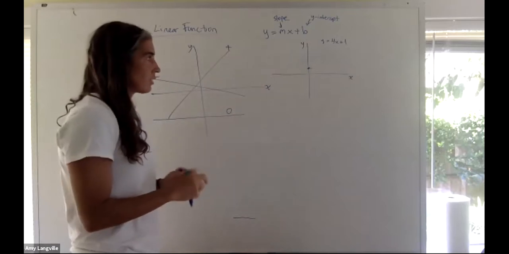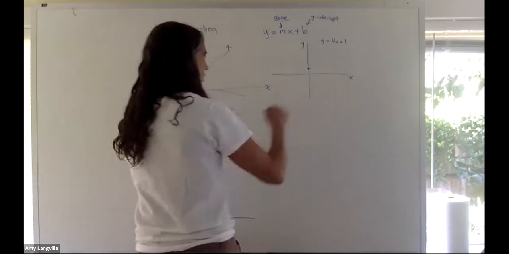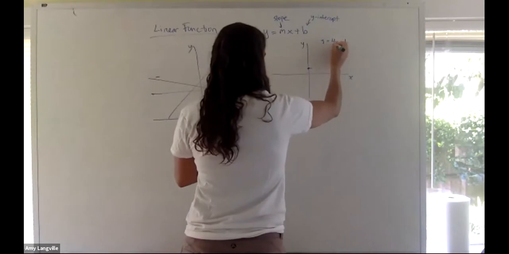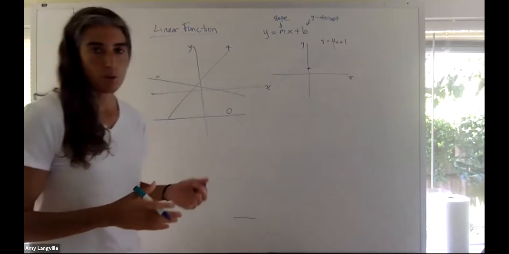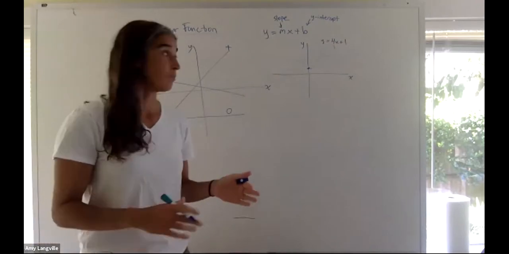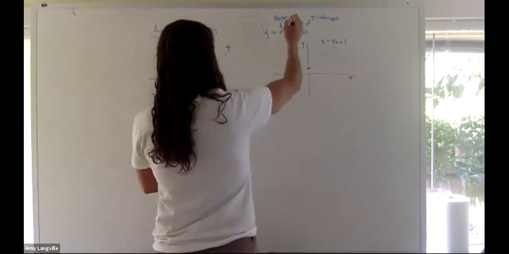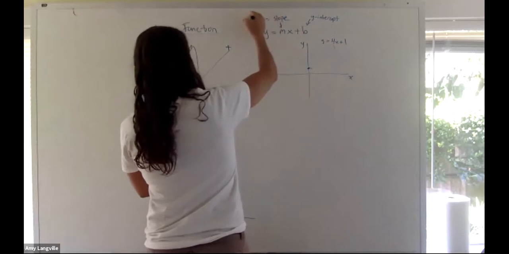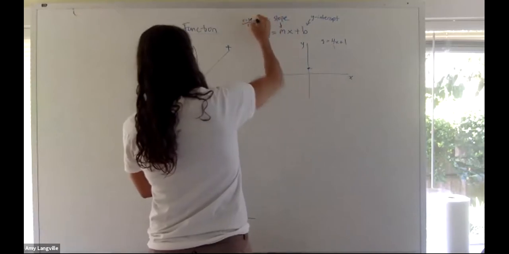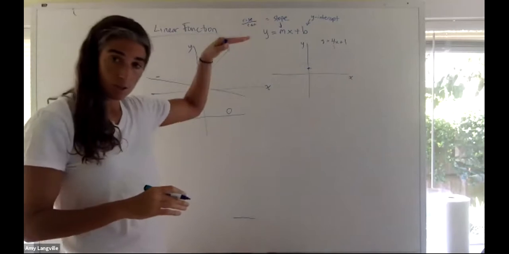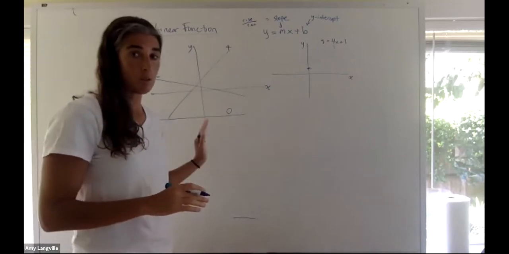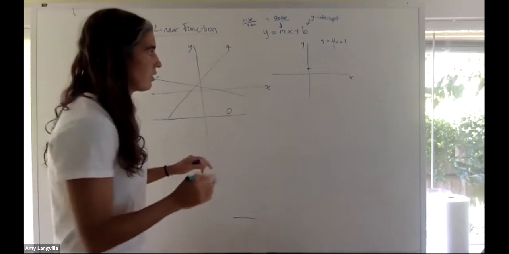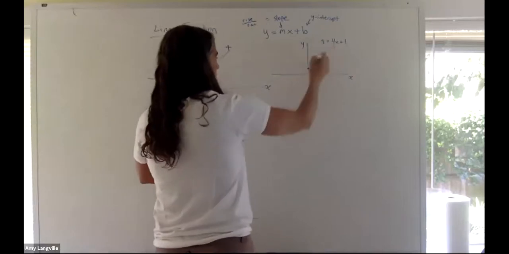And so in this case, the slope is 4, and you can think about that as 4 over an invisible 1. And why do we write it like that? Is because you probably remember something called rise and run. Your slope m is rise divided by run. Rise means how much I go up. Run means how much I go left or right. Okay, in this case, we're going up 4 over 1.